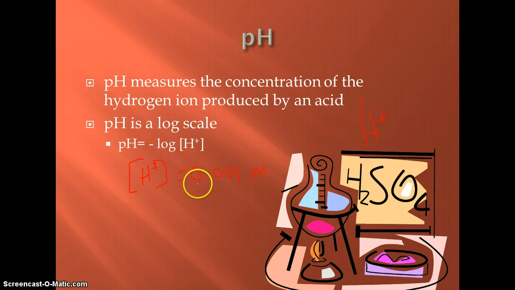Well, for some calculators, you're going to put this number in first and then hit log. Some, you can hit negative log and then put this in. It kind of depends on your calculator. What you have to be able to do, though, is make sure that you can get the pH of this solution, which comes out to be 3. Okay? So on your calculator, make sure that you can get that for the pH.